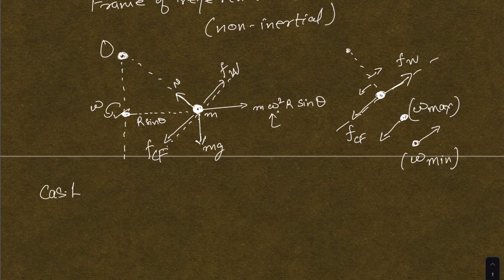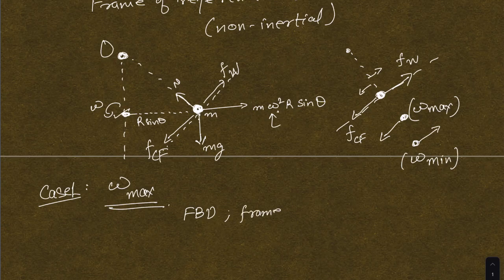Case 1, omega max. So let's do the free body diagram again, FBD, and frame of reference is block. Again, non-inertial.